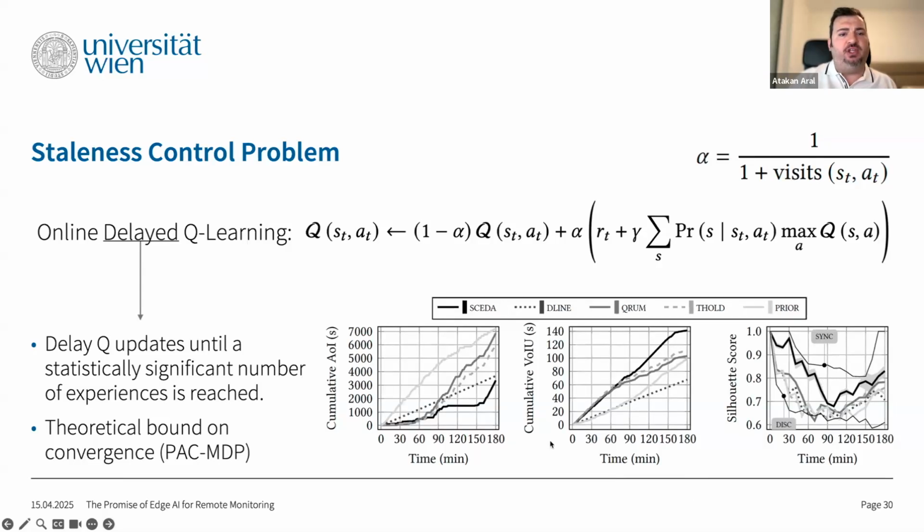Yes, so we also used an alpha parameter for the trade-off between new information updating the Q, and the future states. This alpha is inversely proportional to the number of visits we made to this specific cell of the Q matrix. And here we see some metrics we collected from the Argene use case.